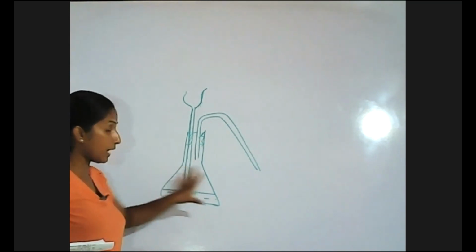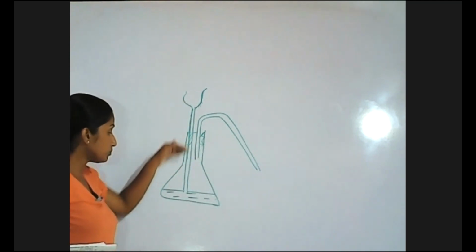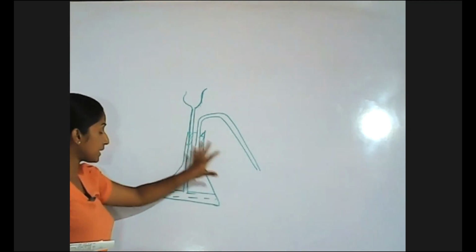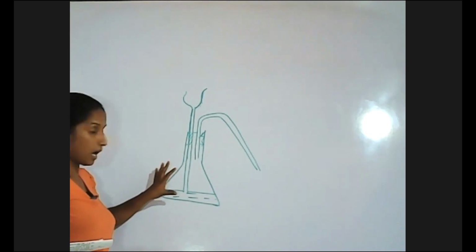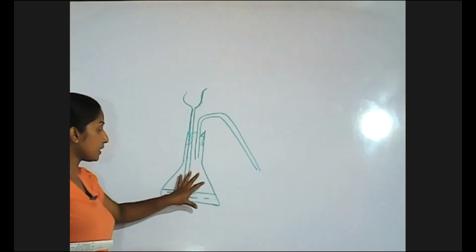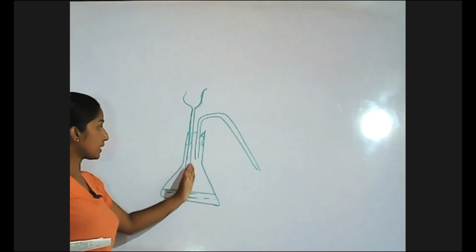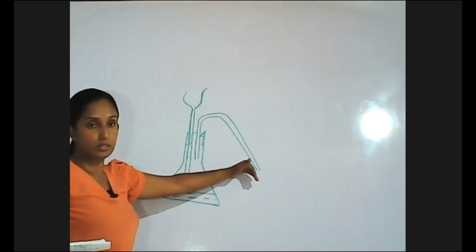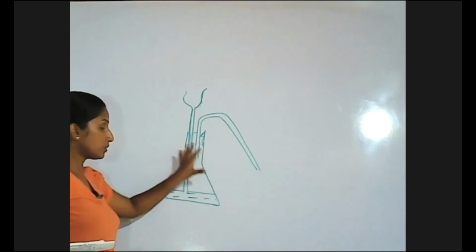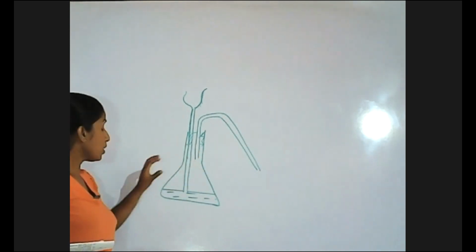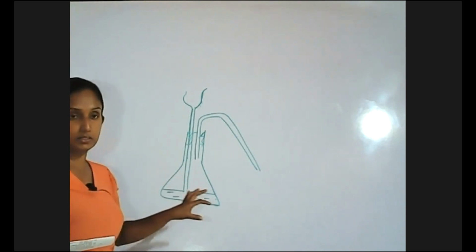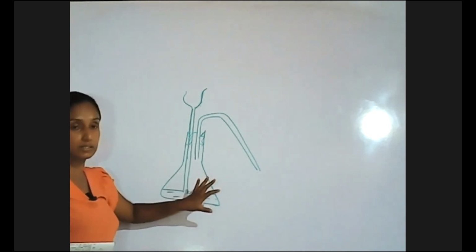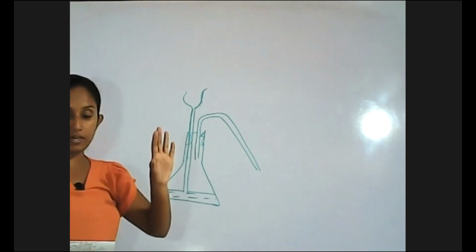If we use a larger one, we have to use more reactants because there is a large space here. After filling the space with carbon dioxide, it's sent through the delivery tube. So when we use a small one, we only have to use small amounts of reactants. That is one thing.